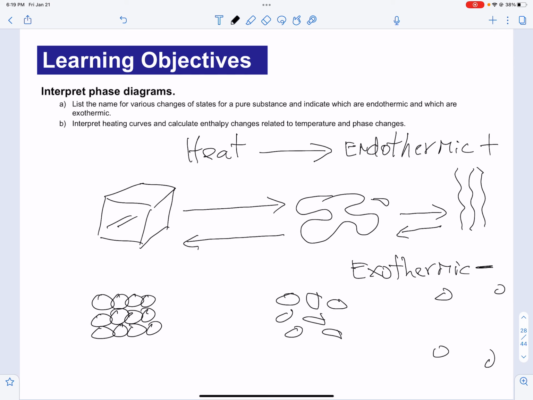So for these gases to come together, they're going to have to slow down. And when we say slow down, we're talking about the kinetic energy. So they're going to have to lose kinetic energy. So in the process of slowing down, they can get closer together.